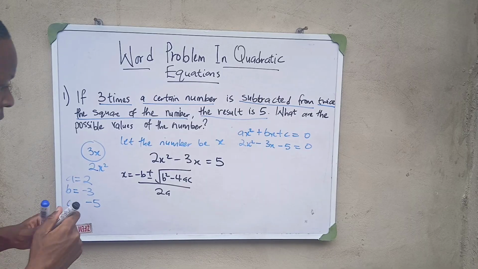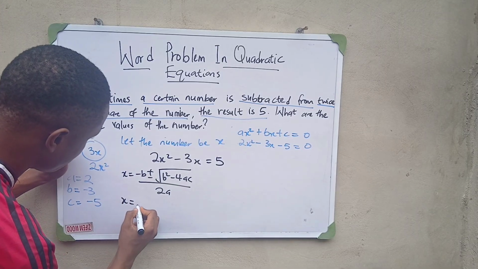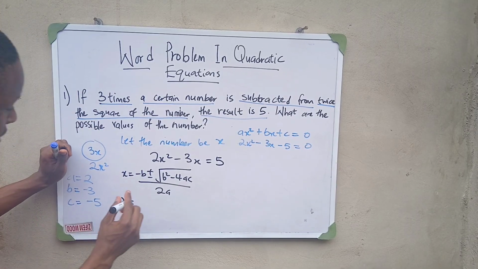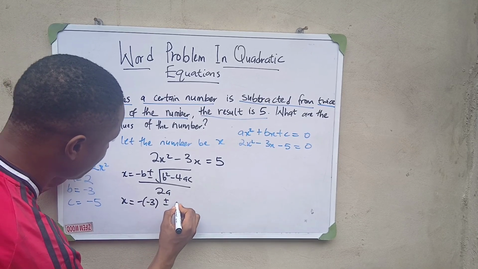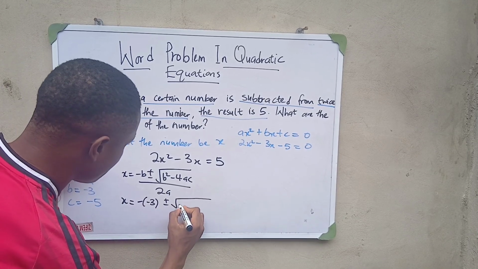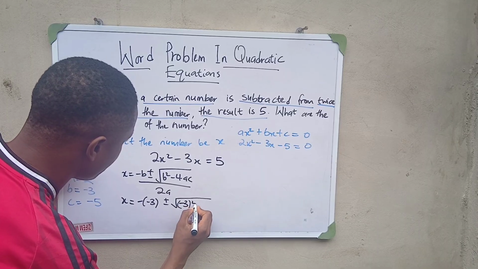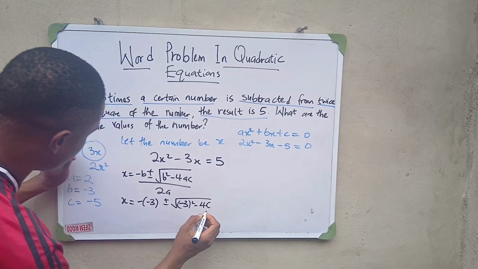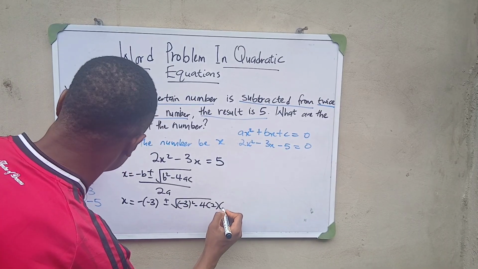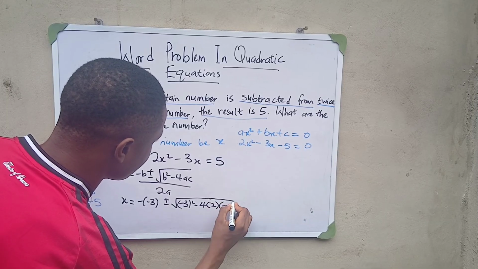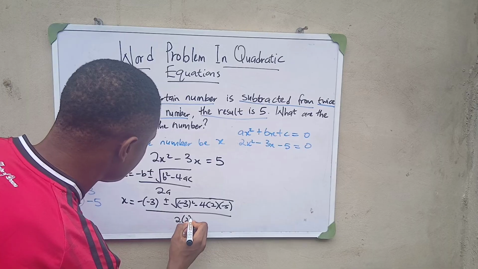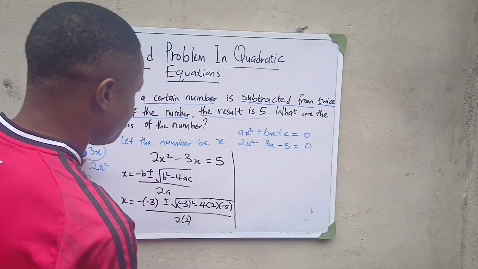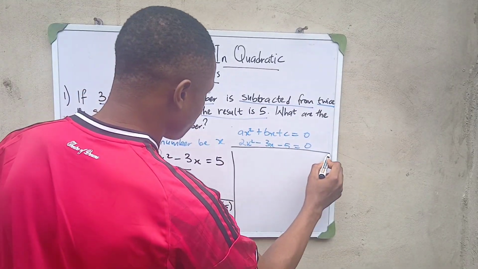So therefore x is equal to minus b; b is minus 3, so we have minus minus 3, plus or minus the square root of minus 3 square minus 4 times a, which is 2, times c, which is minus 5, all over 2 times 2.